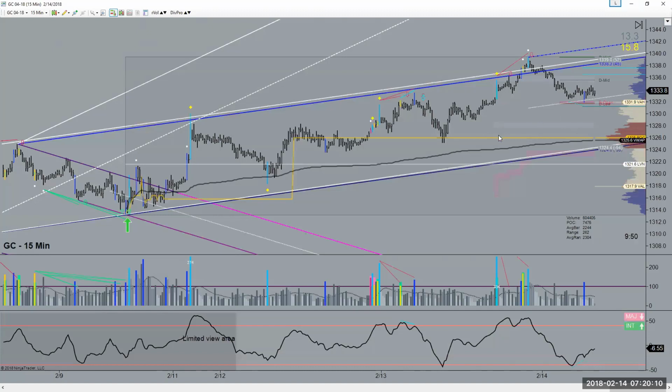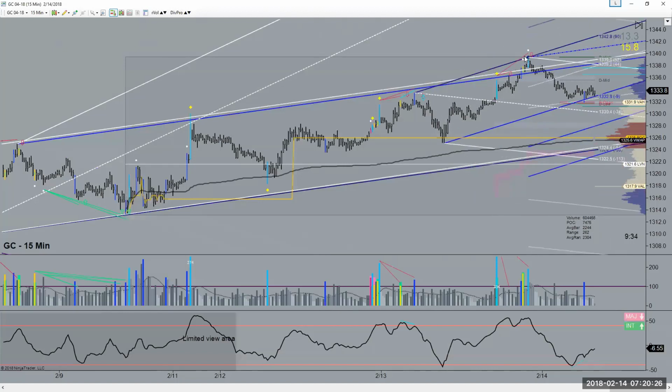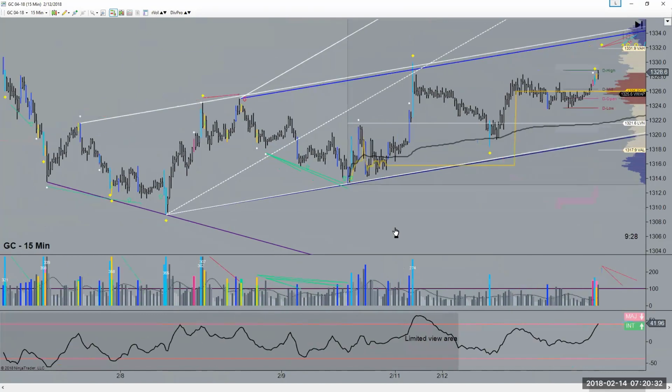From the ETH session, the extended trading session or electronic trading session. So this is probably the pullback low there. It's the bottom of that channel. It's the midline of this much larger upsloping channel.